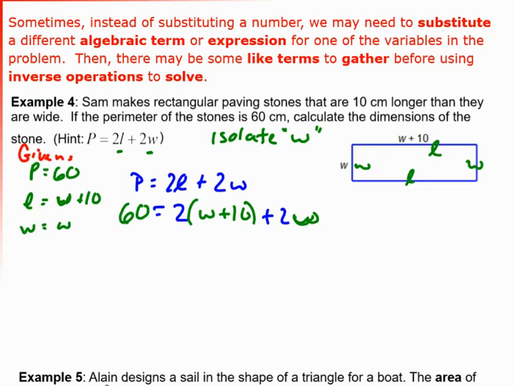All right, so let's try continuing here. We're going to distribute in 2 steps here. So nothing's changed. We have 60 on this side, but 2 times W is 2W, 2 times 10 is 20, and plus 2W. So now you notice we have some like terms, just like we've been practicing.